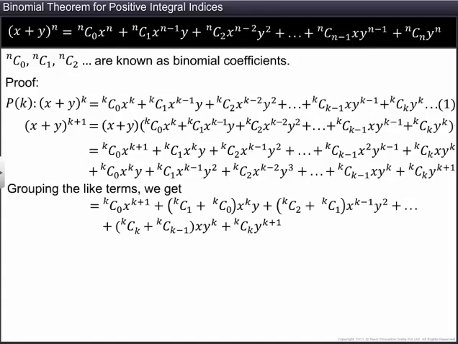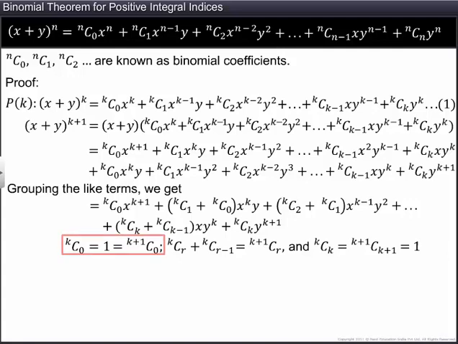We know that kC0 and (k + 1)C0 are equal to 1. kCr plus kC(r minus 1) is equal to (k + 1)Cr, and kCk and (k + 1)C(k + 1) are equal to 1.